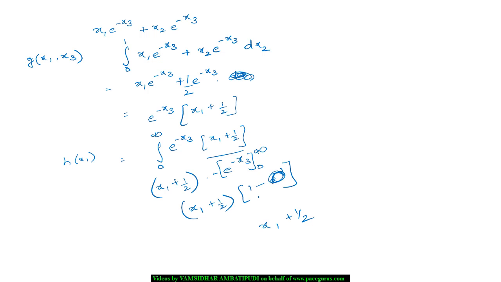The joint marginal density function of x1 and x3, where I am integrating over the entire range of x2, works out to be this particular expression. So that's how we can simplify the numericals.